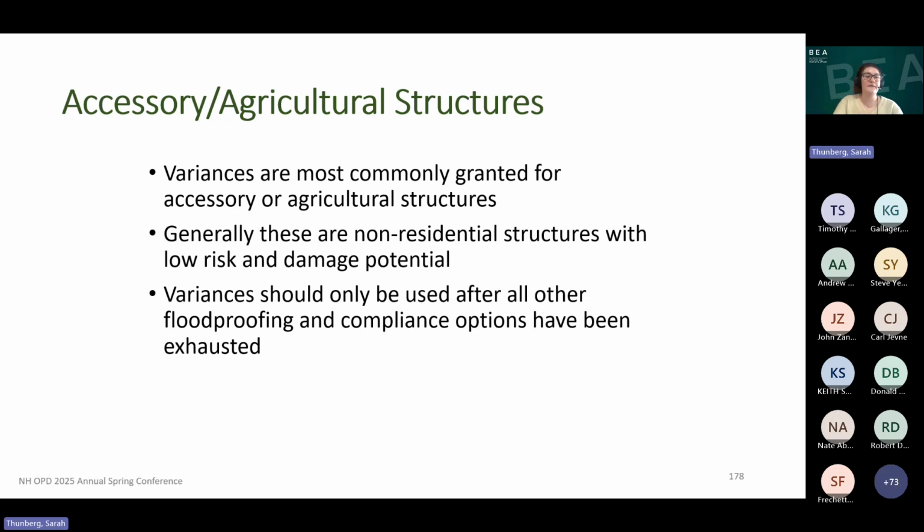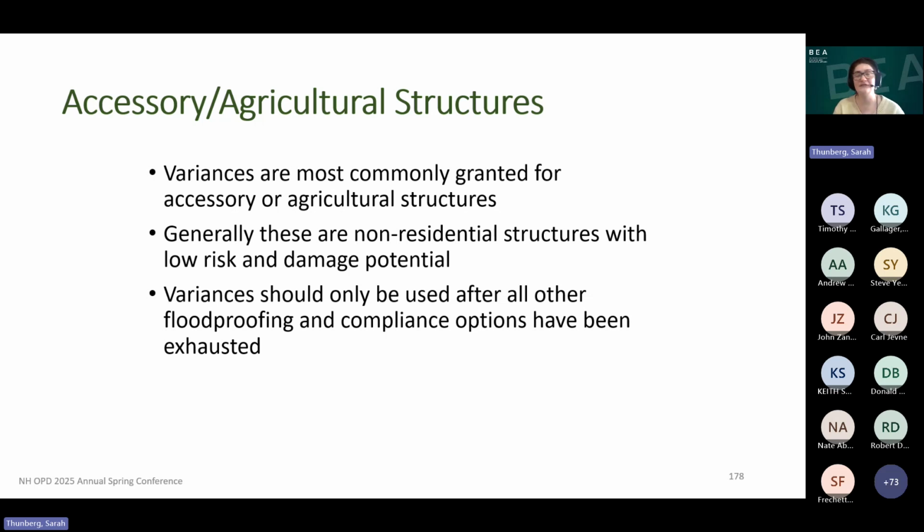Variances are most commonly granted for accessory or agricultural structures. These generally are non-residential structures with low risk and damage potential.